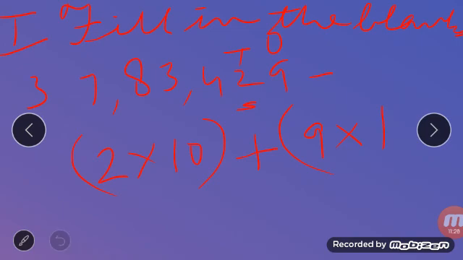Now one more question, that last question I will explain you. That's the last one, how you have to do. Last is the fifth of the fill in the blanks, the number is 94,705. Now this number you have to write in the expanded form in a different way.